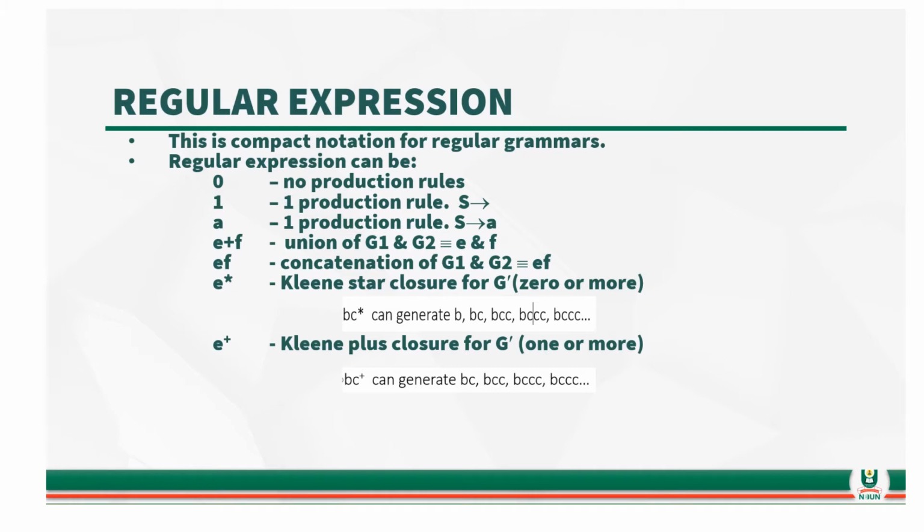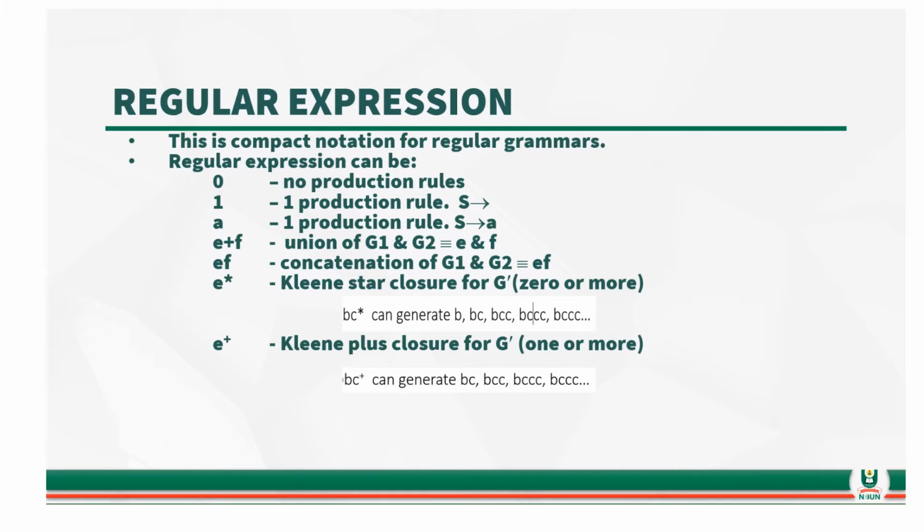One production rule might also indicate S implying an alphabet, say A. We can also have a union of two grammars, G1 and G2, which is equivalent to saying an alphabet E in grammar 1 and an alphabet F in grammar 2.